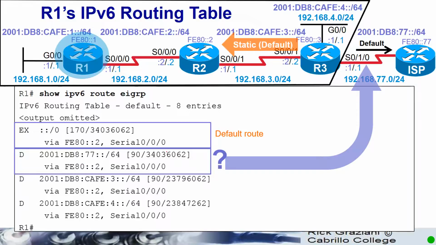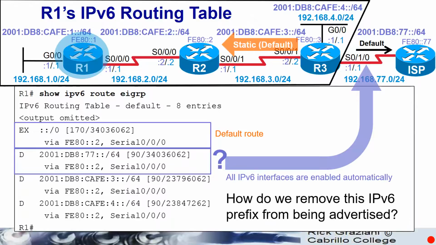Here, this is this network, because with IPv6, all interfaces are included when you do the named EIGRP. Again, all IPv6 interfaces are enabled automatically.